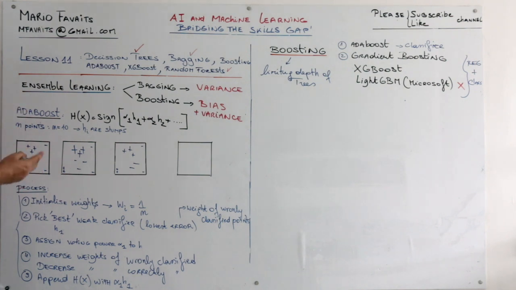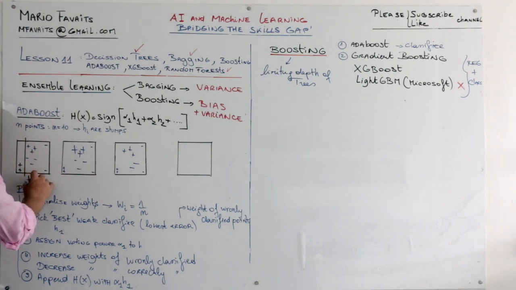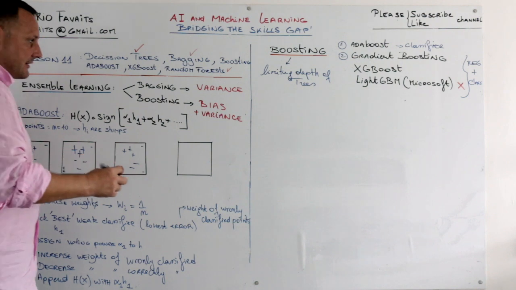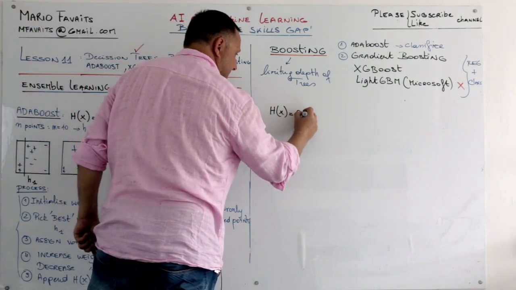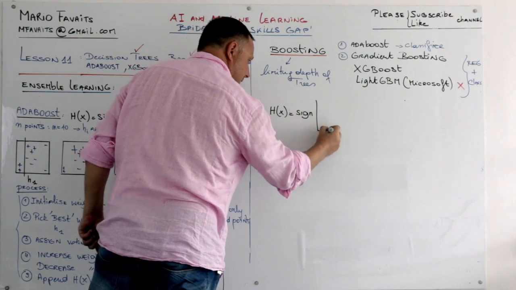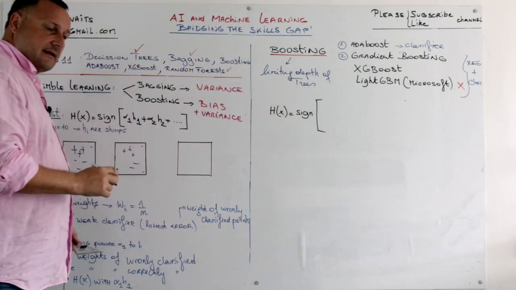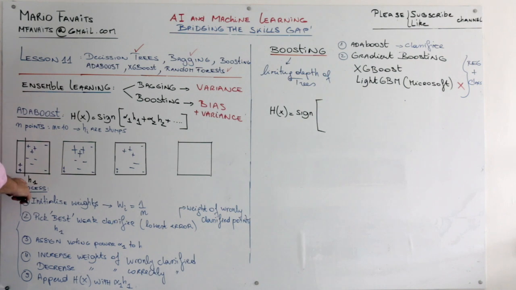The next step is to pick the best weak classifier, that means the classifier that makes the lowest error. In the first case we make H1 this classifier, and we build up h of x equals the sign. So this is H1.